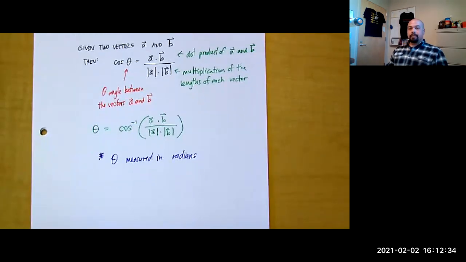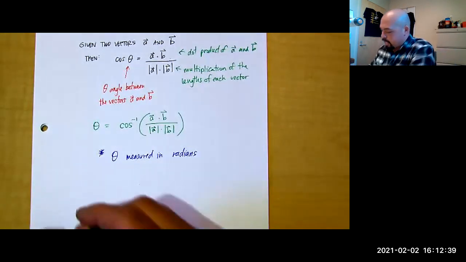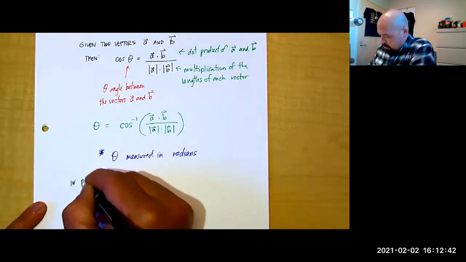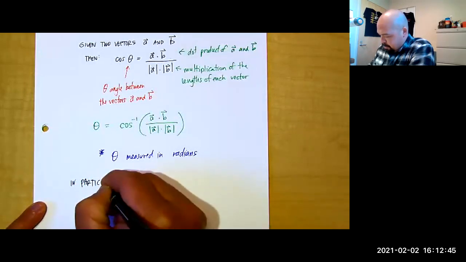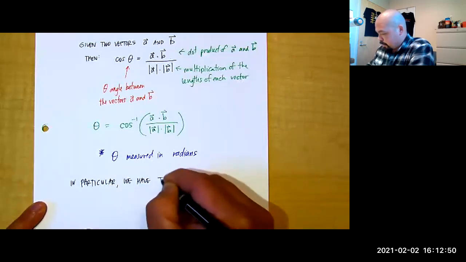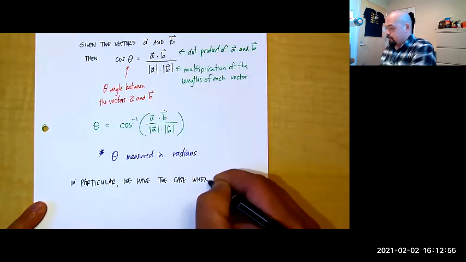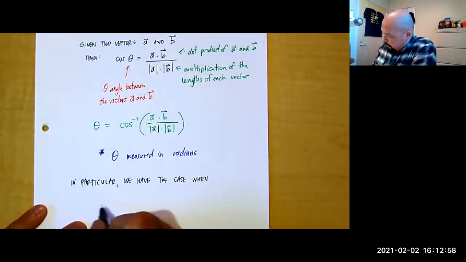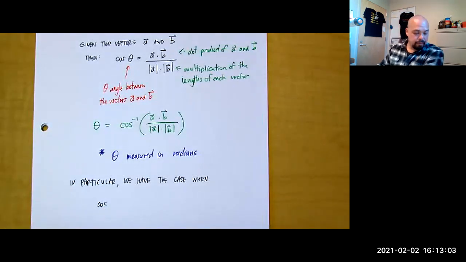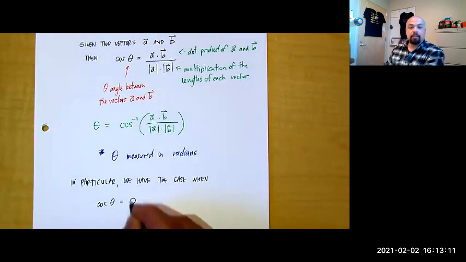And then in particular, a special case: the case when that cosine theta is equal to 0.